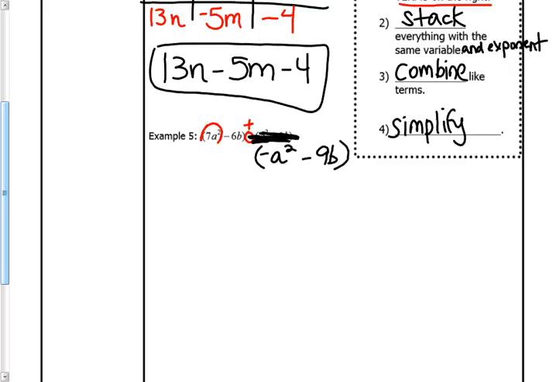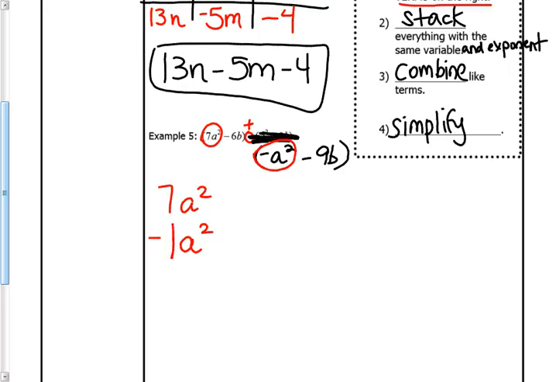So let's start lining up the terms. I have 7a squared. Do I have any other term with an a to the second power that can go with this 7a squared? If I look here, I have a negative a squared. So we kind of talked about this before. If there's no number in front of the variable, we usually want to go ahead and put a 1 right in front of there, right?